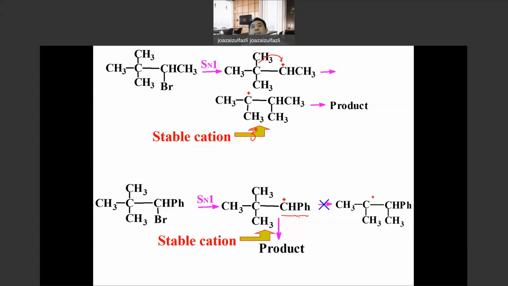This one we call benzylic. This is a benzylic carbocation, which is among the most stable carbocations because the positive charge can be stabilized by delocalization into the benzene ring. That's why in this case we will not rearrange to form tertiary, because this benzylic carbocation is more stable than a normal tertiary carbocation.